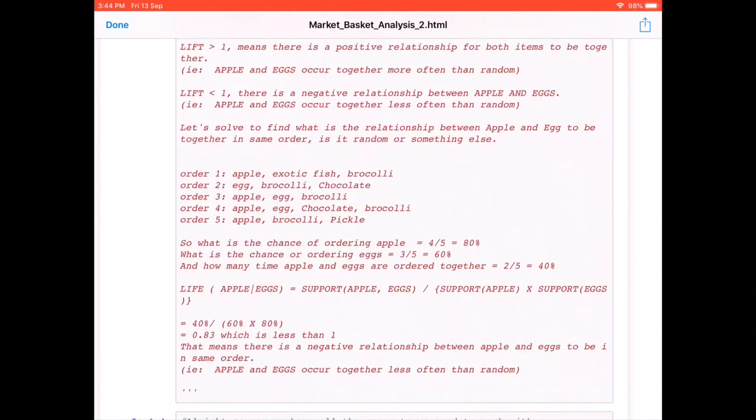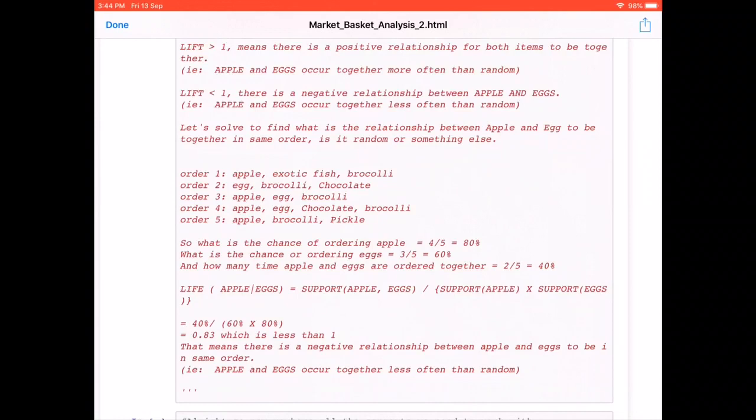Now if I simply take the ratio, 40% divided by 80% times 60%, which is 0.83, which is less than 1, that means there is a negative relationship between apple and egg, and it is not random. So there is a reason why apple and eggs are not bought together in this particular example.